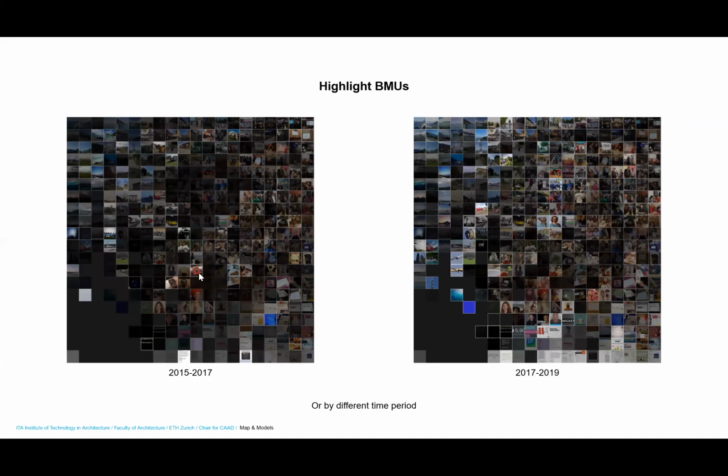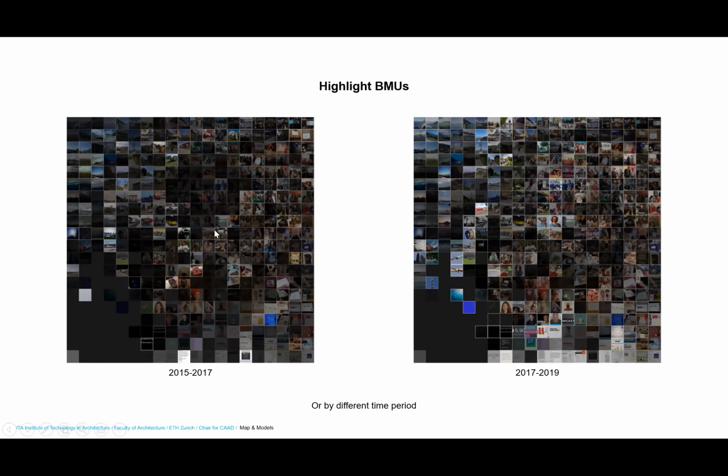let's say, time. For example, on the left, it shows all the best matching units of the tweets posted between 2015 and 2017. And on the right will be the same thing, but for the tweets from 2017 to 2019. You see that in general their distribution is quite similar.